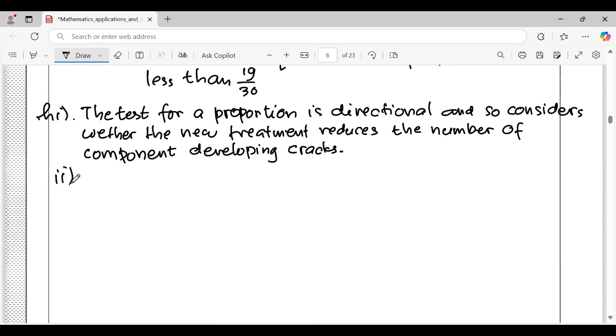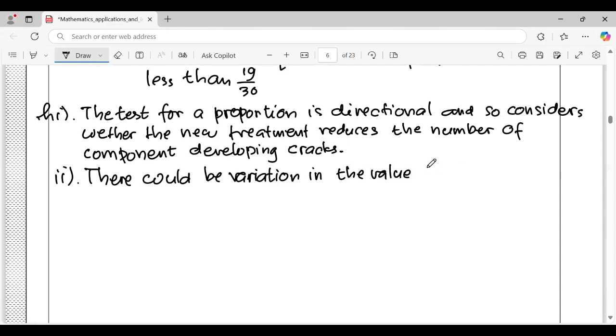And the second, not preferred, because there could be variation in the value of probability P. It's just chosen for the null hypothesis.